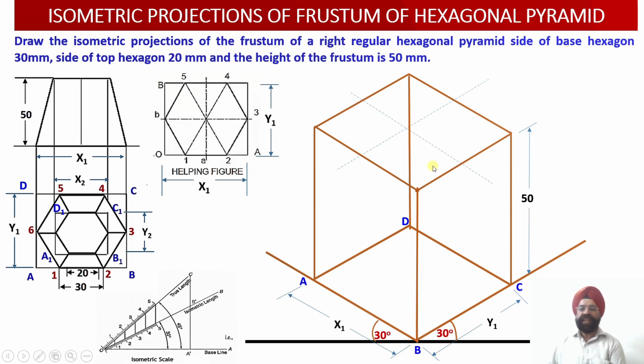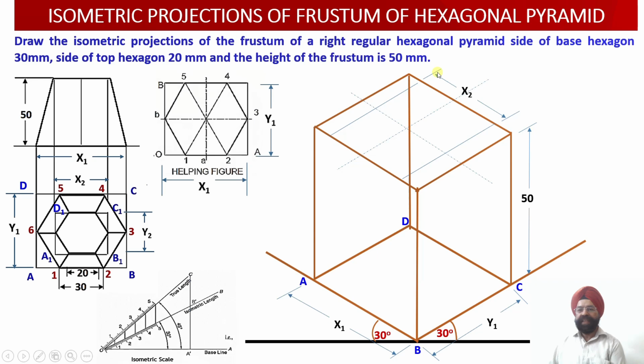Similarly, the distance y2 divided by 2 will be offset on this side, and y2 divided by 2 will be offset through this axis on the other side, so that my dimension on the top side becomes y2 over here and x2 over here. So let us do it.